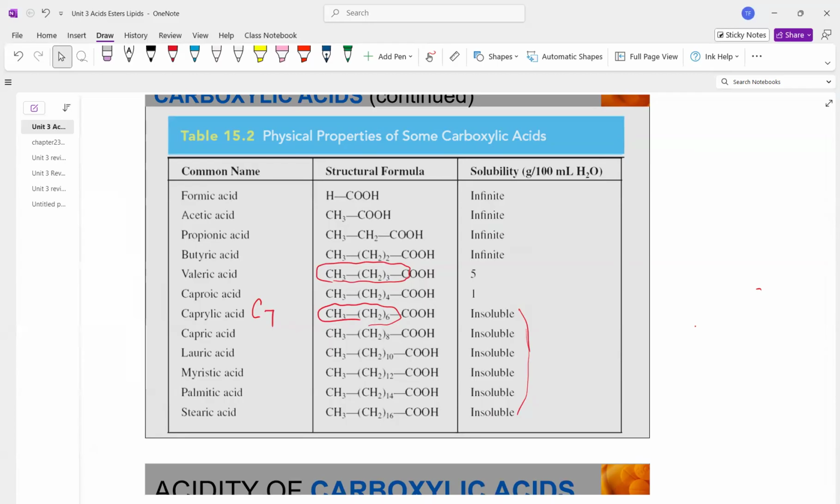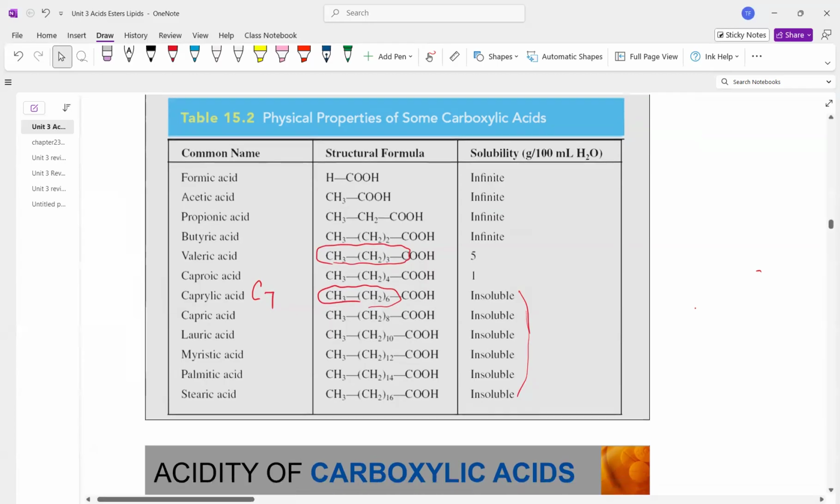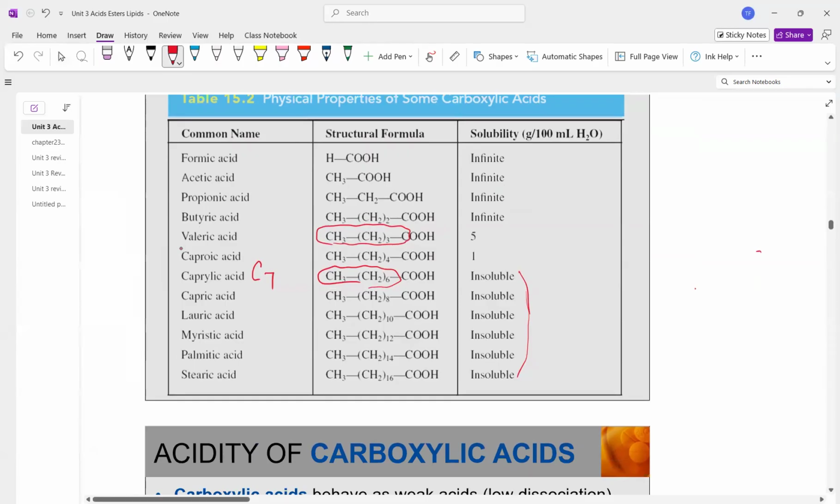No. So it totally dissolves in there. Not a problem at all. However, when we start getting long chains, like carbon number 7 is always a key, that will then take over the polar part of the acid and make it not dissolve in water very easily.